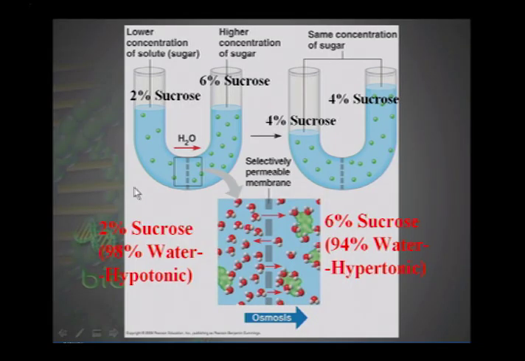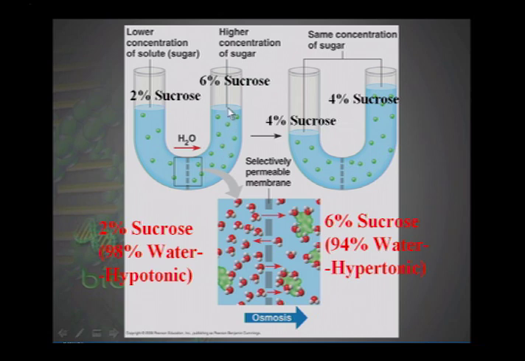All right, so let's go ahead and look at an example of osmosis, or potentially how osmosis might work. We have two solutions in a U-shaped tube separated by a semipermeable membrane. One of these is a 2% sucrose solution, and on the other side of the membrane we have a 6% sucrose solution.